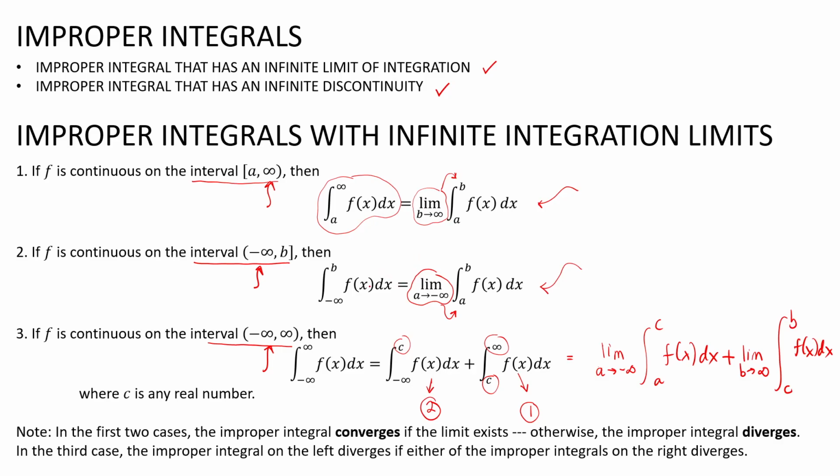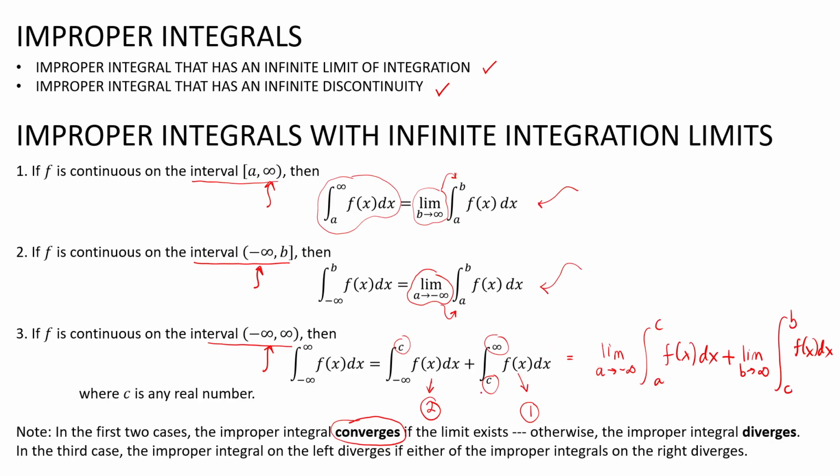In the first two cases, we have two types of answer that we can expect from these improper integrals having infinite limits. If the limit exists, the improper integral converges.